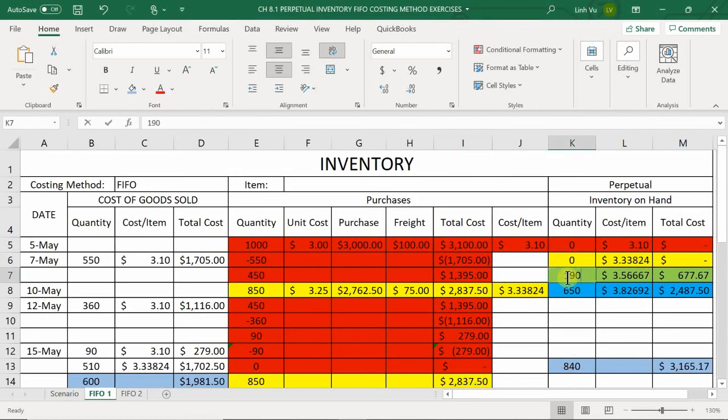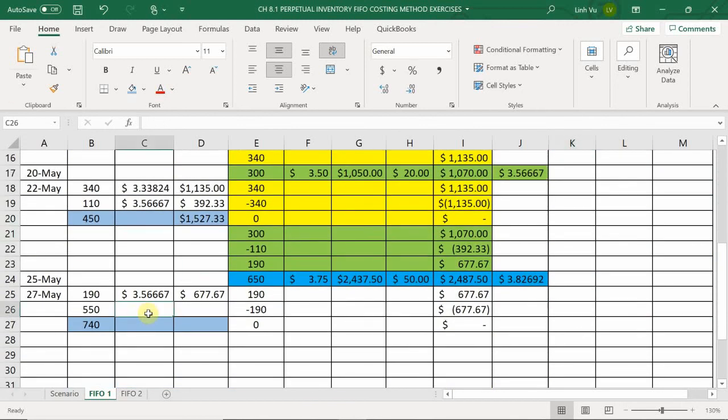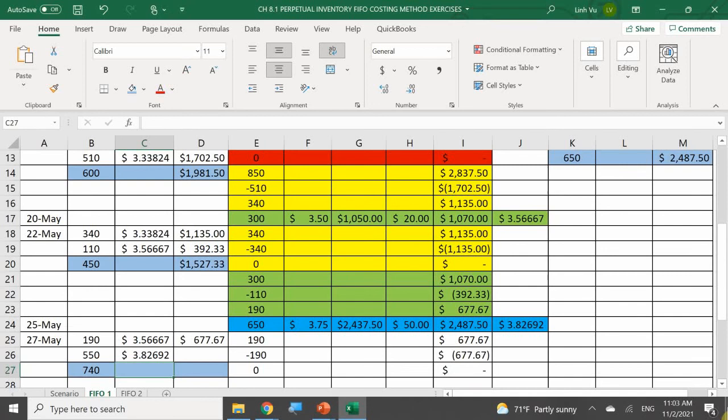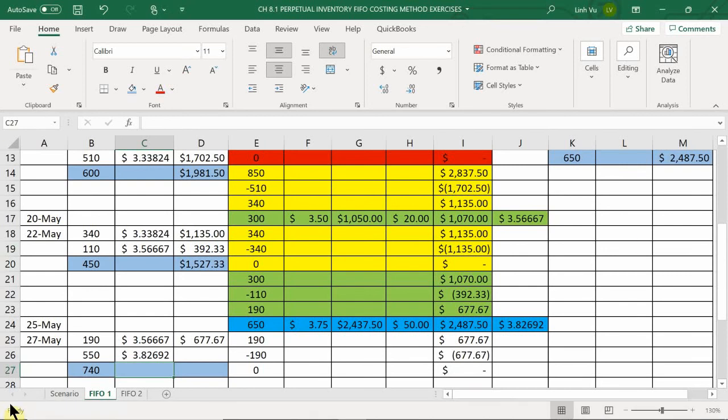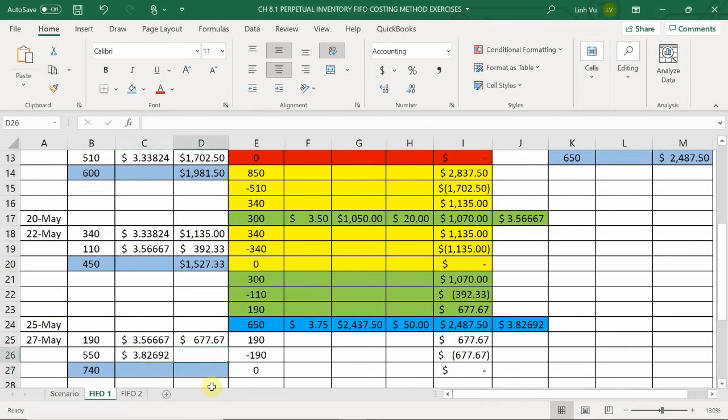Okay, so I'm going to eliminate my green batch. So that means I only have one batch of inventory, one batch only. So in this case, I can only take whatever I can take. So the cost per item is 3.8269. So that's what I'm going to pop here. So let's calculate this. How much is it going to cost me to sell 550 units at 3.82692? $2,104.81.